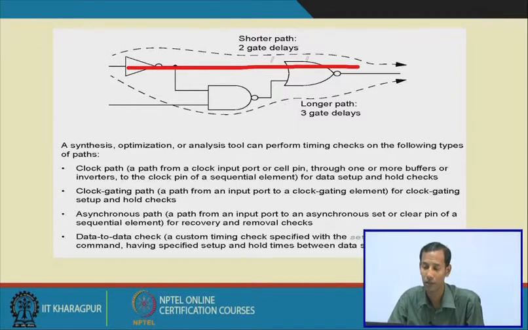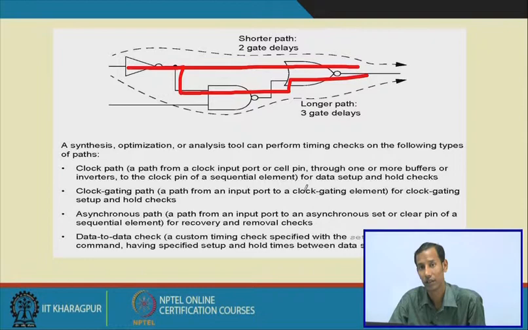Because it has passed only 2 gate delays, but in this path we have 3 gate delays. So this is the longer path. A synthesis, optimization or analysis tool can perform timing checks on the following types of paths: the clock paths, the clock gating paths, the asynchronous paths, or the data to data check paths.